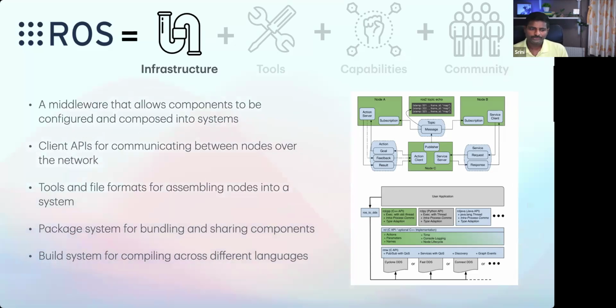Whereas ROS allows you to do things on the network interface. What that means is even if the processes are running on the same computer, you would use the network interface to talk to stuff. It's not super inefficient, but it is a little bit less efficient than inter-process communication. But the upside is it lets you run the nodes on a different computer because it's using the network interface.